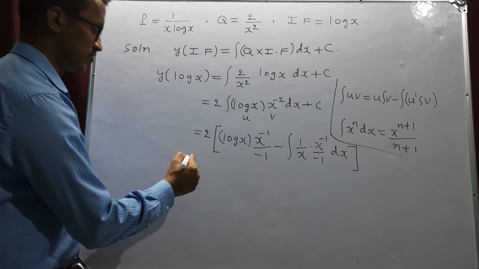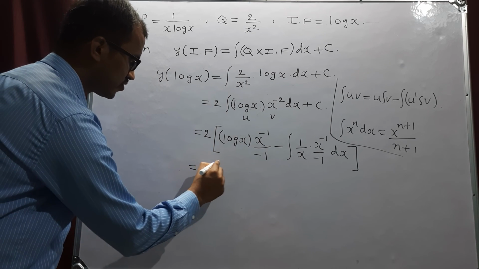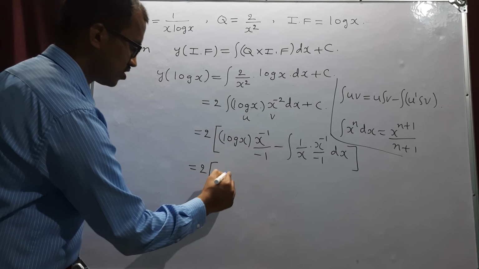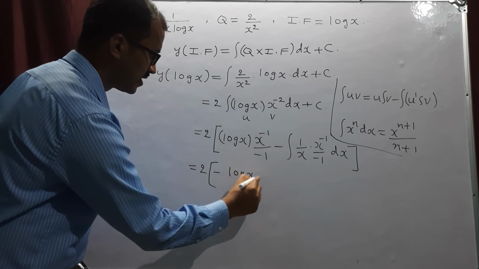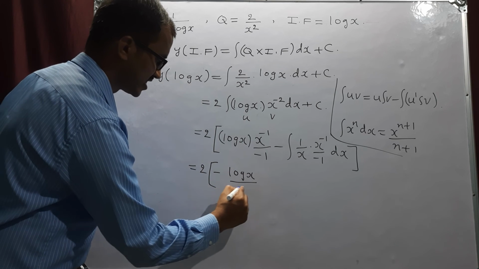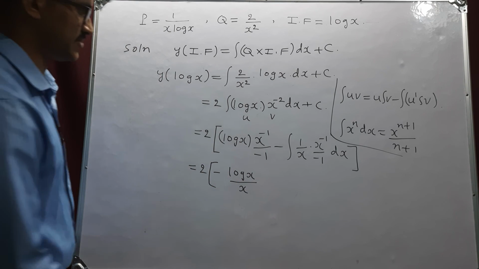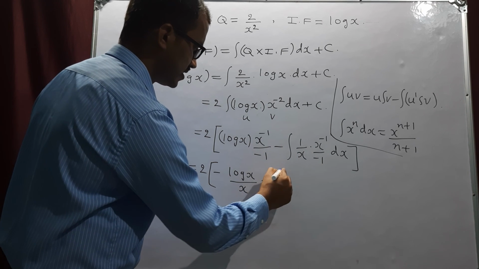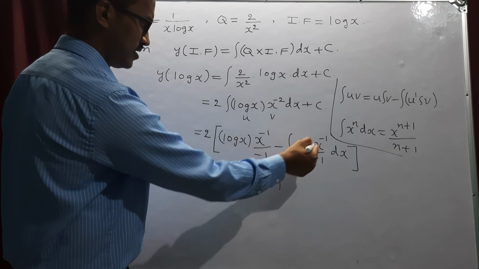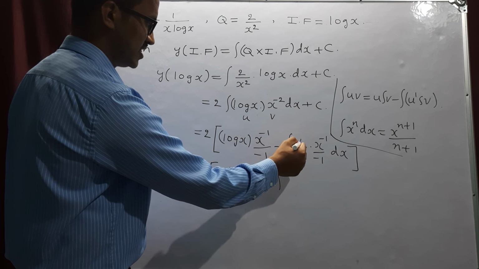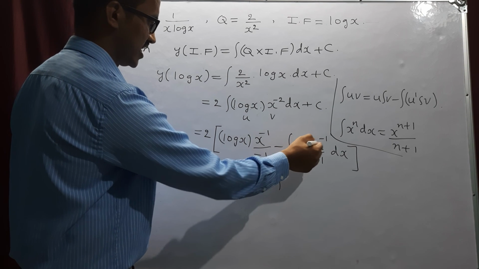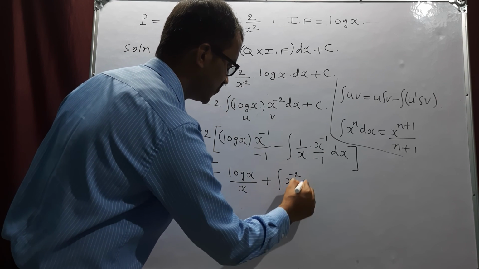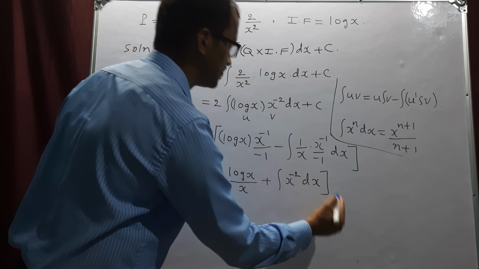So that is equal to 2 into minus log x, x power minus 1, that is nothing but 1 by x. Here minus into minus is plus, again integration of 1 by x times x power minus 1, that is x power minus 1 into x power minus 1, that is x power minus 2, into dx.